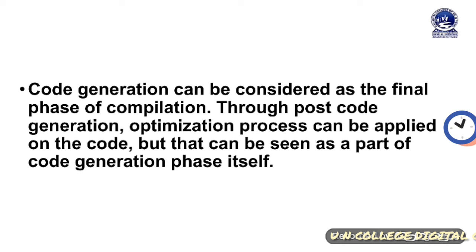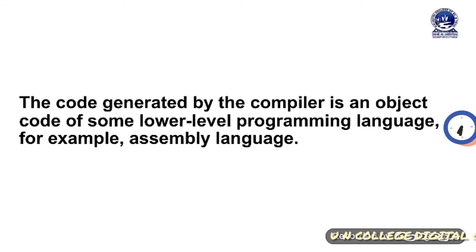Now I am just going to summarize today's class, the issues associated with code generation. Code generation can be considered the final phase of compilation. Post-code generation optimization can be applied on the code, but that can be seen as a part of the code generation phase itself. The code generated by the compiler is an object code of some lower level programming language, for example, assembly language.